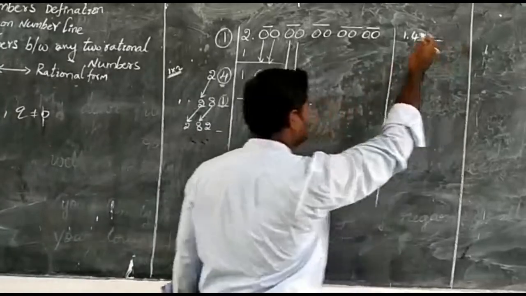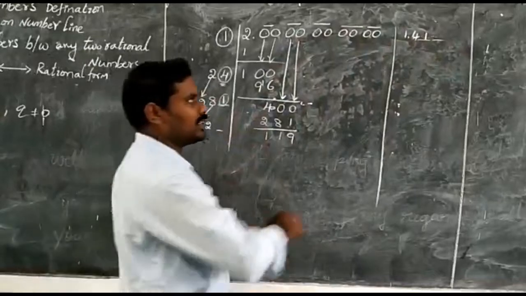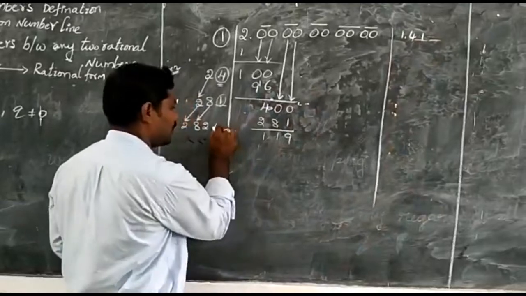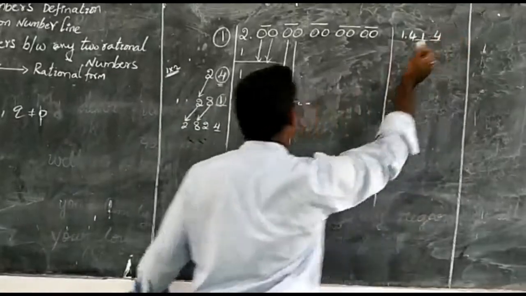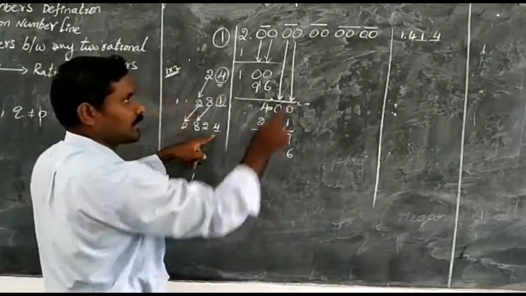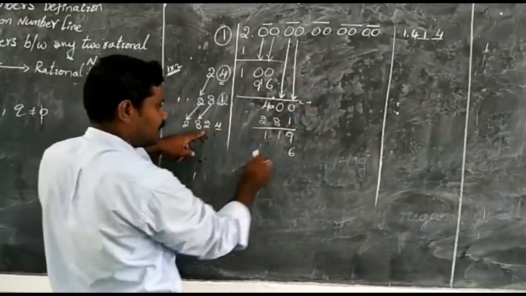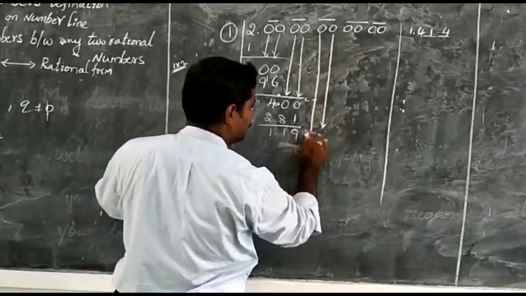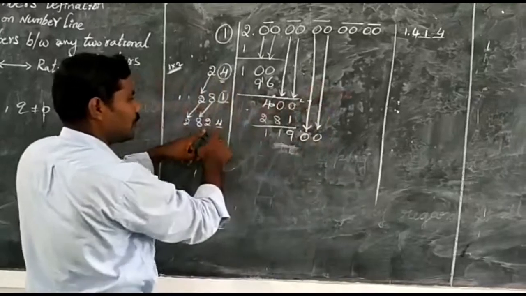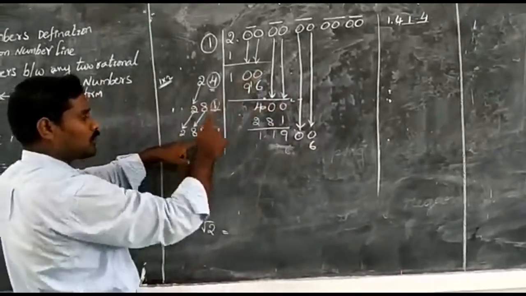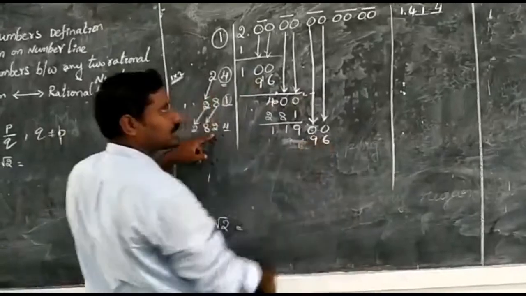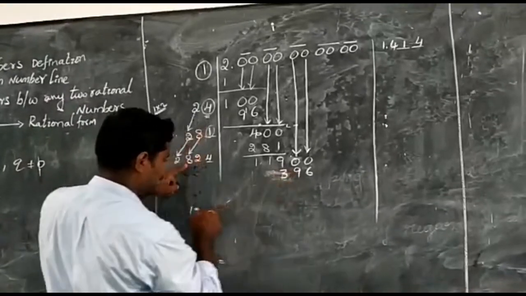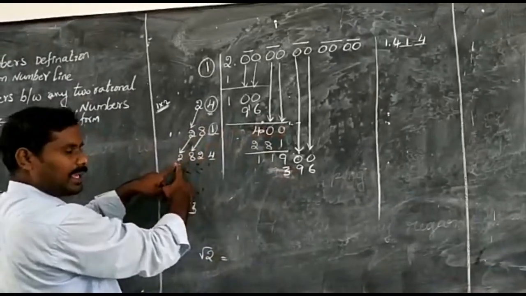Same process continues up to some places. I want just 3 digits after the decimal. Now I am taking 4 here and right here also 4. 4 fours are 16. 4 twos are 8 plus 1, 9. Sorry, take the next two digits, 0 and 0. 4 fours are 16, 4 twos are 8 plus 1, 9, 4 eights are 32 plus 1, 33, and 4 twos are 8 plus 3, 11.